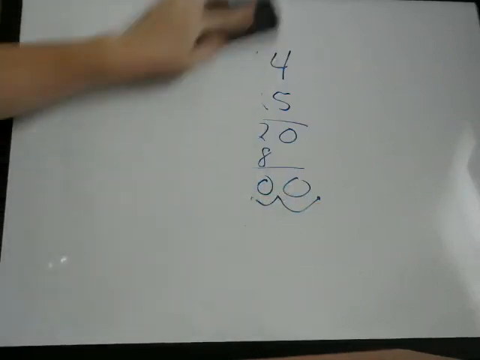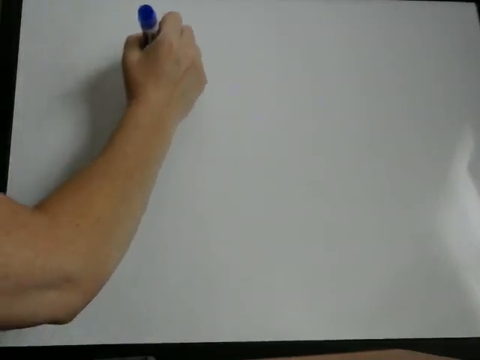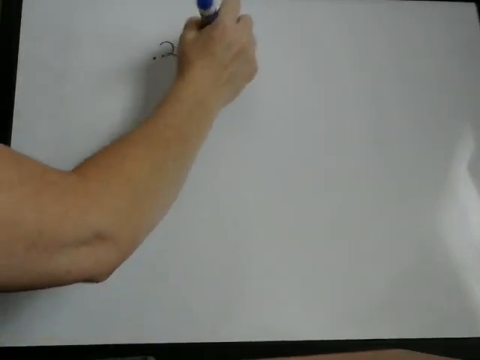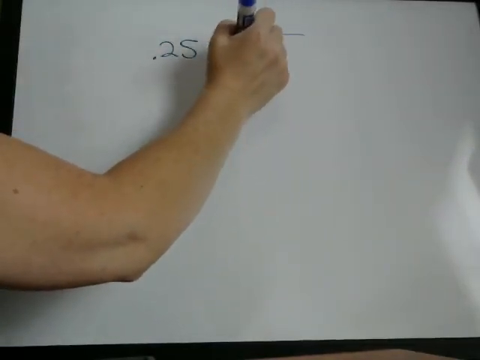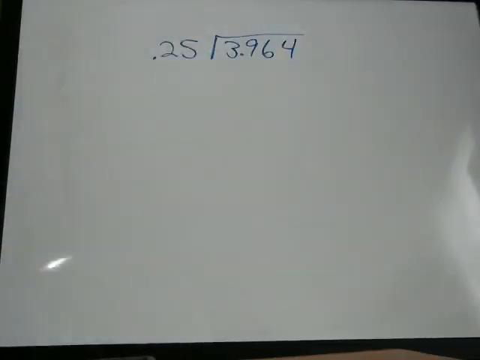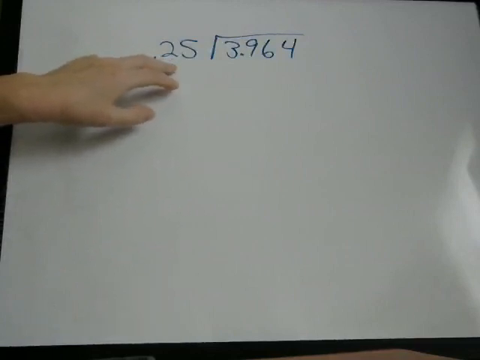When we're dividing decimals using long division, and again there's a video on long division as well, let's say we're doing 0.25 into 3.964. That's 3.964 divided by 0.25. When we're doing long division, we can't have a decimal out here. We can't divide by a decimal.